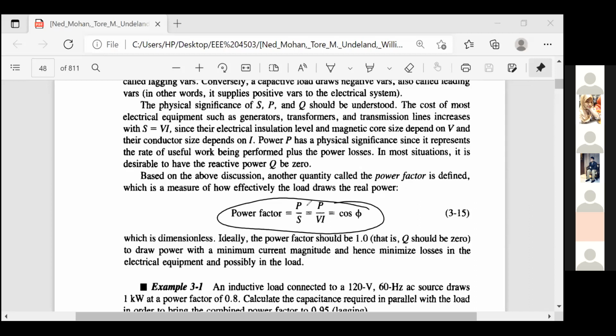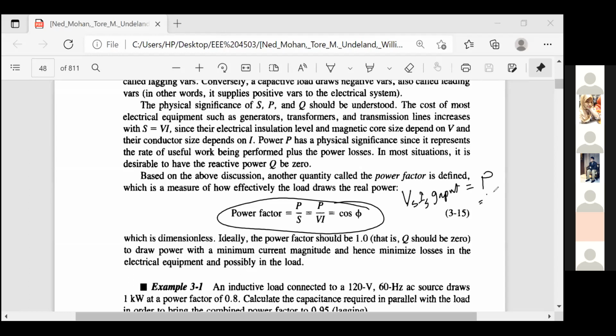And apparent power is VS into IS. Real power is VS into 0.9 IS. Yes, IS, input power factor, and that will be P, right? Yes, sir.